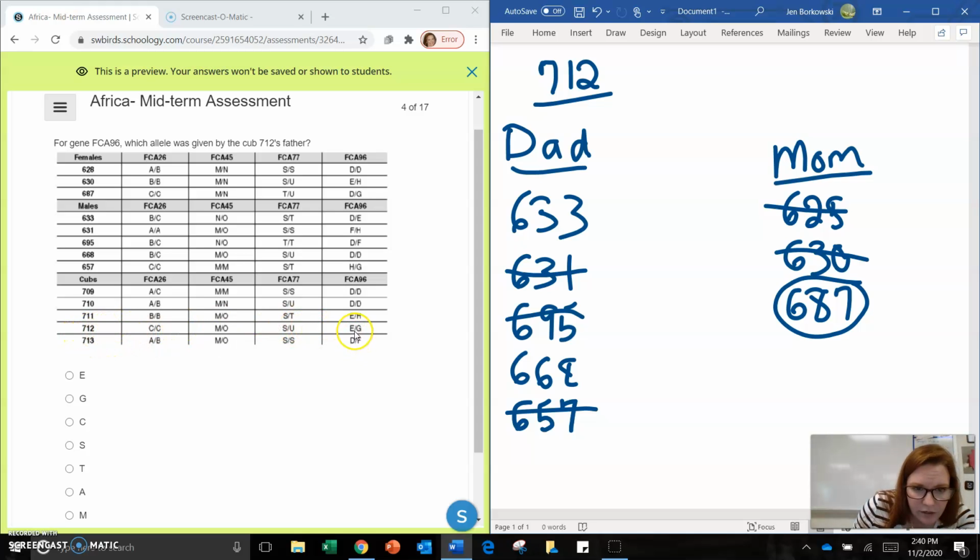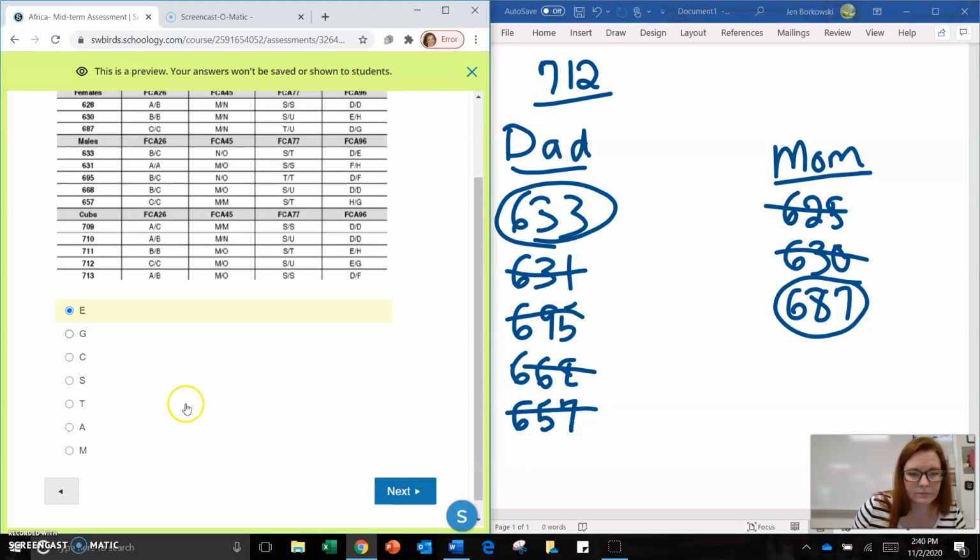Cub 712 has an E and a G. Mom has a D and a G. So it had to have gotten G from Mom because it has G. So it had to have gotten E from Daddy. So it got this gene right here from Daddy because it got the G from Mom. So E is my answer.